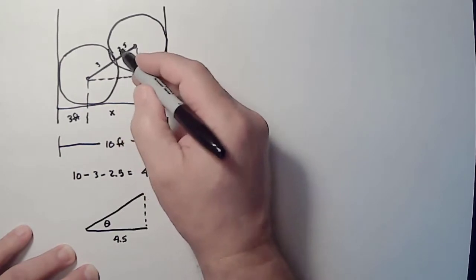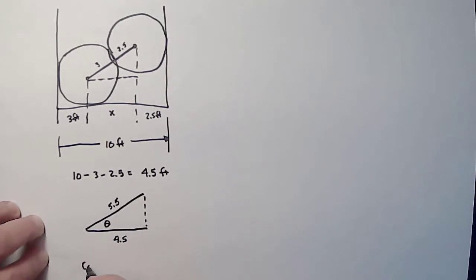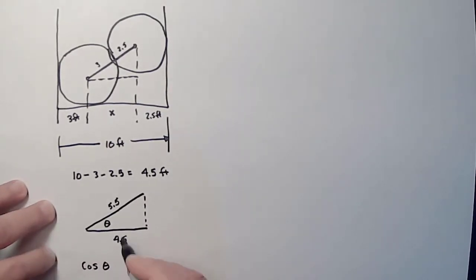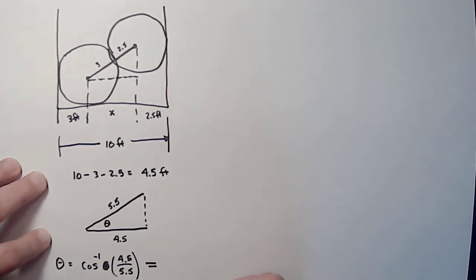So I also know that this is 3 plus 2.5 or 5.5. So the cosine of theta, adjacent over hypotenuse, is 4.5 over 5.5. In other words, theta equals 35.096 degrees.